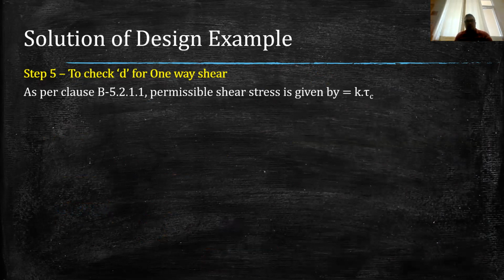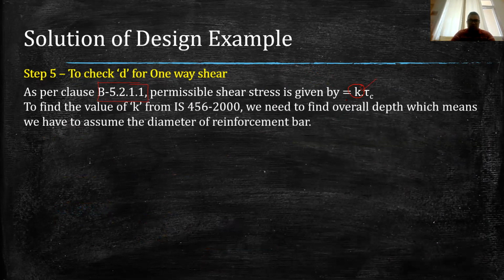So this K value can be calculated by referring to this clause of the IS code. I will show you this clause later. First, we will see that this K value is actually dependent on the overall depth of the foundation, which means we have to first calculate the overall depth of the foundation.